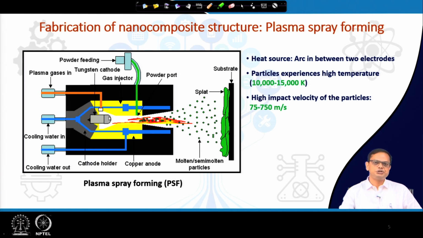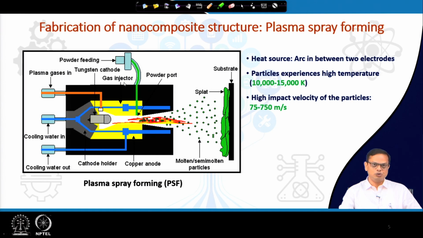A bias voltage is applied between these two, so an arc will be produced, and then there will be plasma gas, which is argon, an inert gas, and it goes through it. Because of this arc, the argon gets ionized, it creates plasma, and the temperature of the plasma is extremely high, in the range of 10,000 to 15,000 Kelvin.